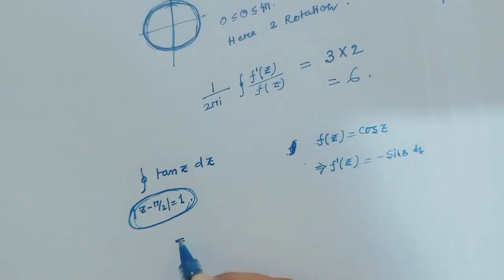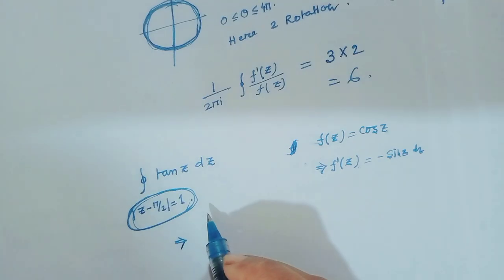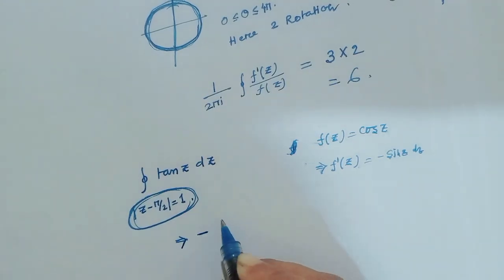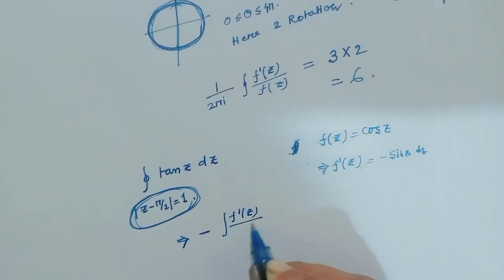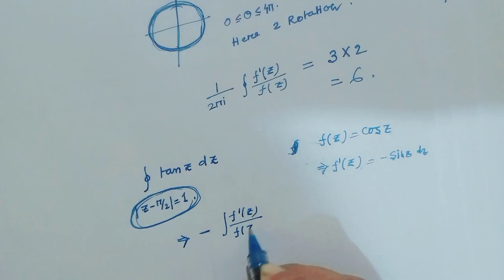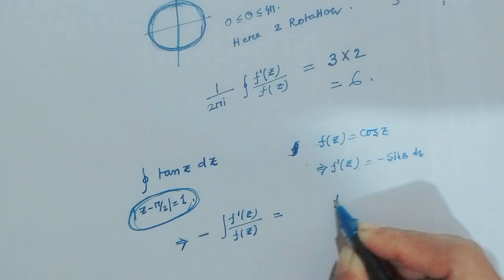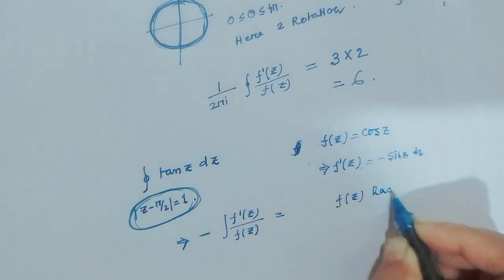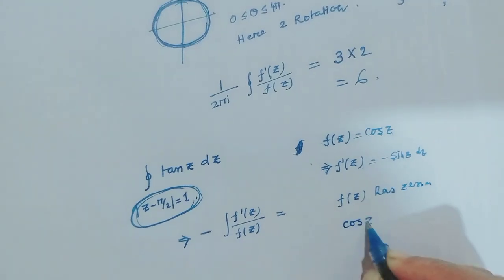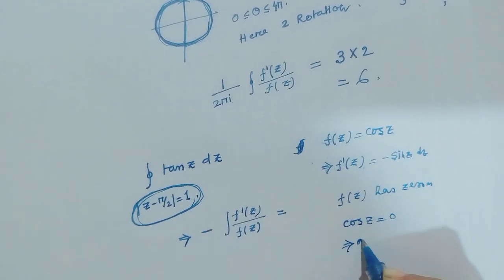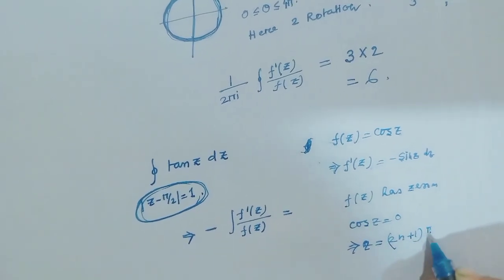That means minus f prime z over f z equal to, since f z is cos z, f z has zeros where cos z equal to 0, that means z equal to 2n plus 1 into pi by 2.